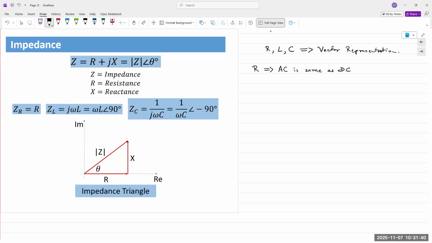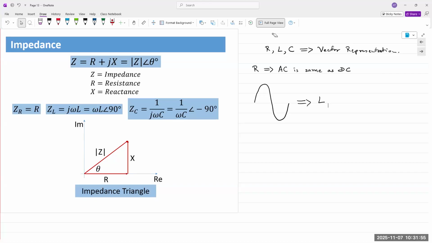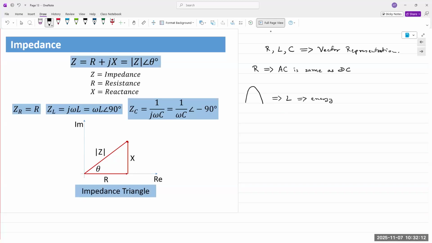Capacitors and inductors, however, again, they're energy storage devices, right? So let's say we have a sine wave like this, and you apply the sine wave to an inductor. What happens? If you apply a positive voltage to the inductor, it's going into the inductor, so the inductor receives the energy. Let's just do the positive half cycle applied to an inductor. Energy goes in.